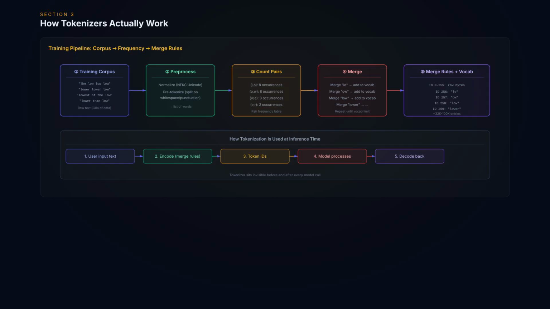The result is a hierarchy. For example, Hello World tokenizes to just 2 tokens in GPT-2's tokenizer. Hello and World. That's 2 tokens instead of 11 characters, 5.5 times more efficient. And once training is done, the merge rules are frozen. Your tokenizer never changes, even if the model is fine-tuned later.